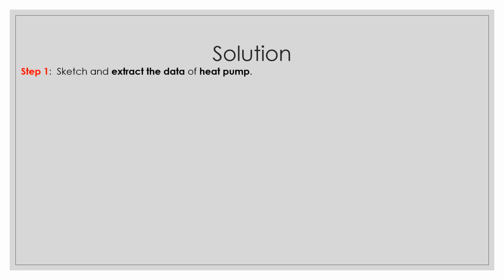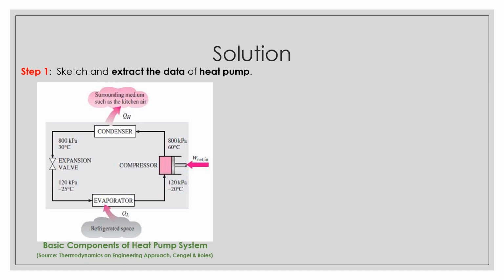Step 1. Sketch and extract the data of heat pump based on the available information from the question. This is the basic component of the refrigeration system or heat pump system based on the desired output. In this case, our desired output is the QH, which refers to the heat pump.